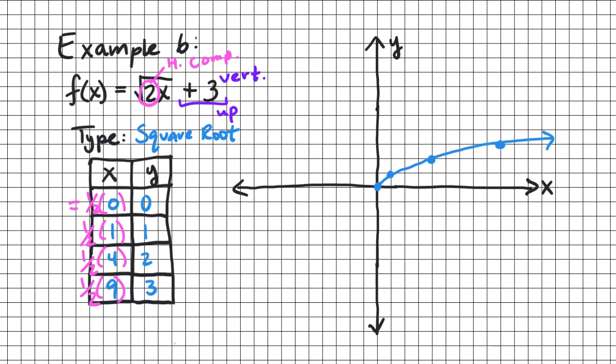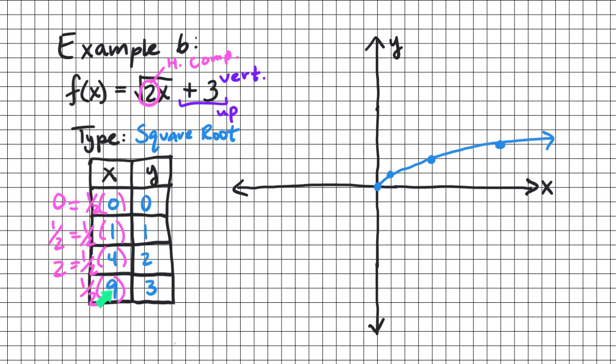Okay, so 0 times 1/2 is 0. 1/2 times 1 is 1/2, or 0.5. What's 1/2 times 4? What's half of 4? It's 2. And then what's half of 9?